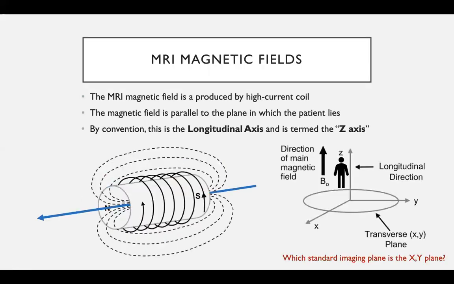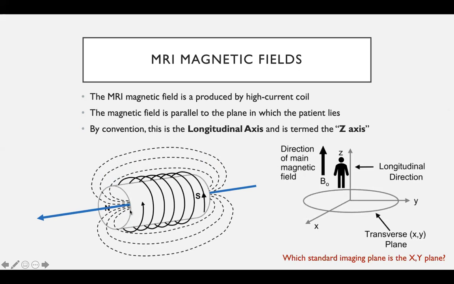Each MRI has a Tesla magnet, where the magnetic field is produced by a series of high current coils that are in wire loops. The main magnetic field is going to be produced by these wire loops, perpendicular and in the south to north orientation.